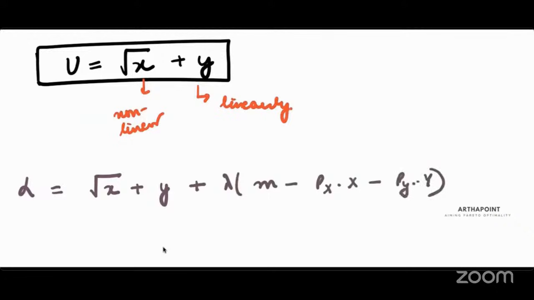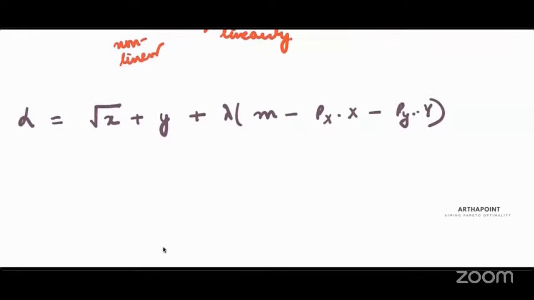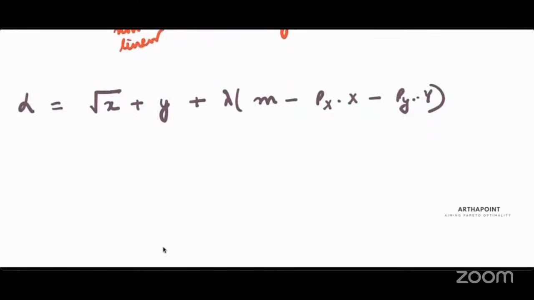Remember, there is no compulsion. You can do this also with the method of substitution. You can do this also with the method of equating MRS to Px by Py and putting that in the budget line. I follow Lagrange because I can generalize it for all my problems. I will follow Lagrange throughout.